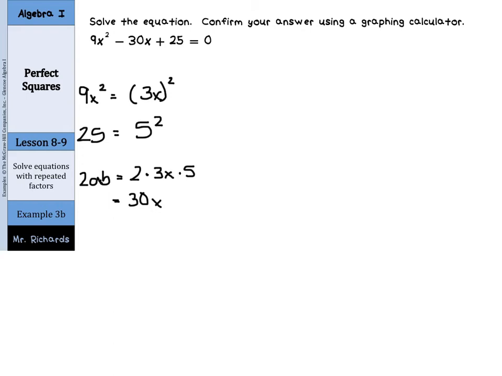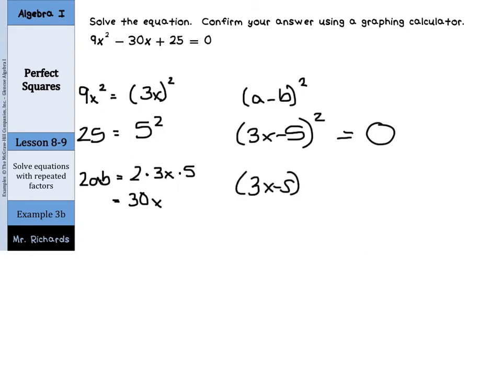So I can write this then as a minus b squared. So this would be 3x minus 5 squared. Now that's going to equal 0. So I have 3x minus 5 times 3x minus 5 equals 0.